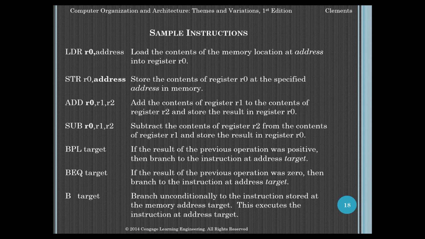But if that's negative, we want to branch to a different instruction. So BPL branches on a positive. BEQ, if the result of the previous operation was 0, branch to an instruction. And then B, just B for branch, just lets you jump to an instruction stored at the memory address target. So whatever instruction is at that target, we're going to jump there.